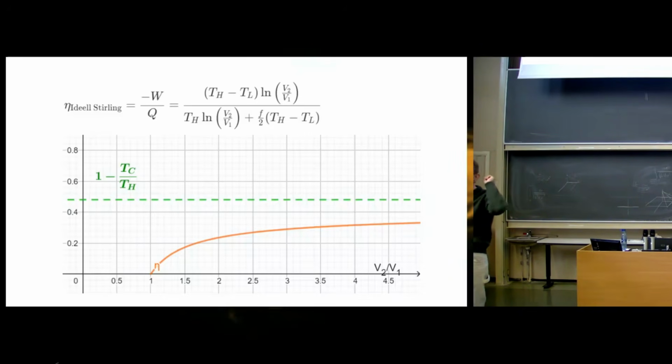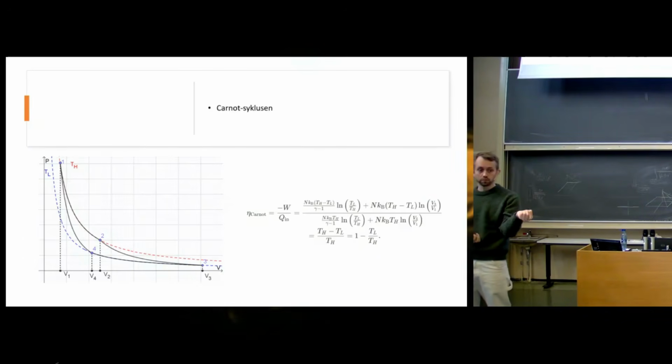So what is my point? Okay. The question is, is there a process where the efficiency is actually the ideal one given by the second law of thermodynamics? And the answer is yes. It's called the Carnot cycle, and it looks like this. It's first an isothermal expansion to here. Then an adiabatic expansion to 3.